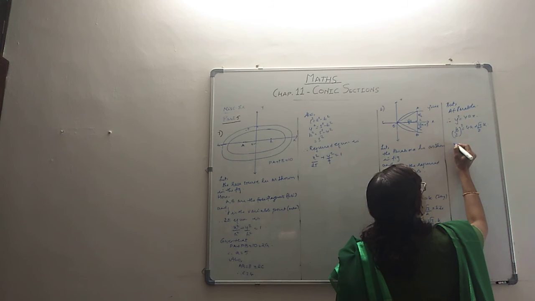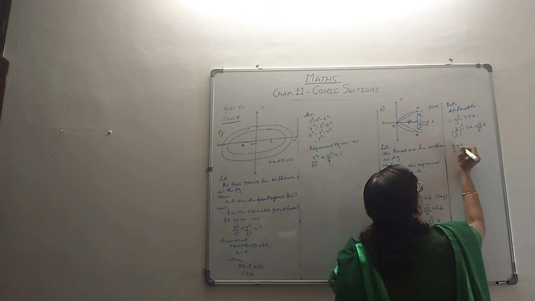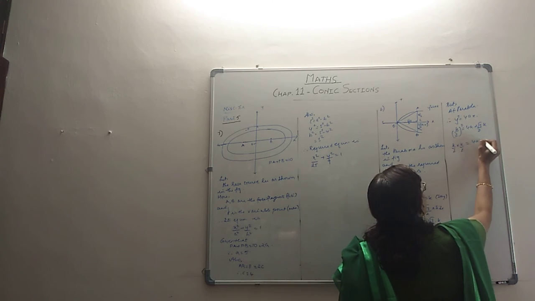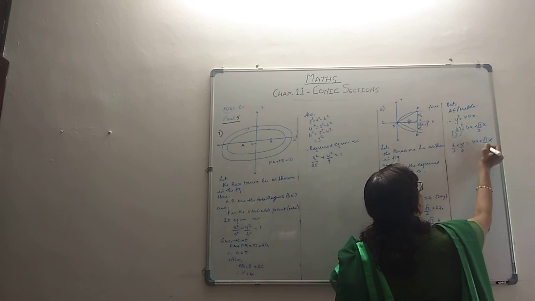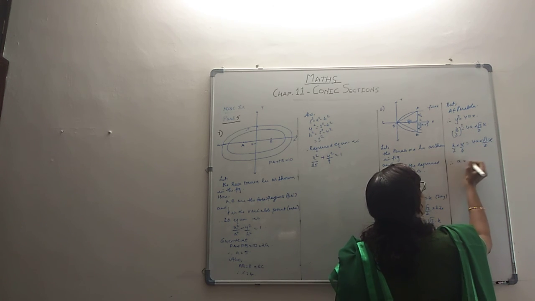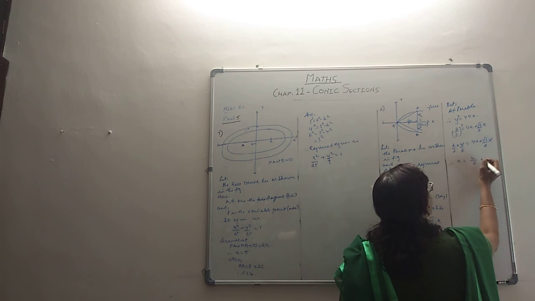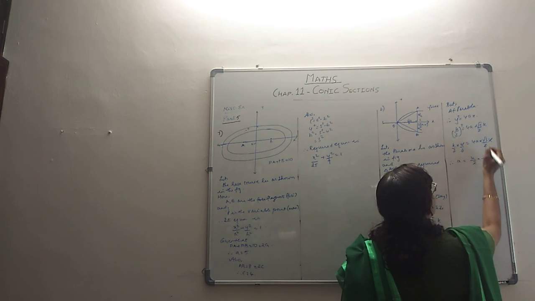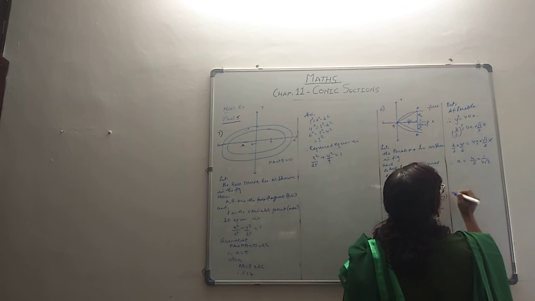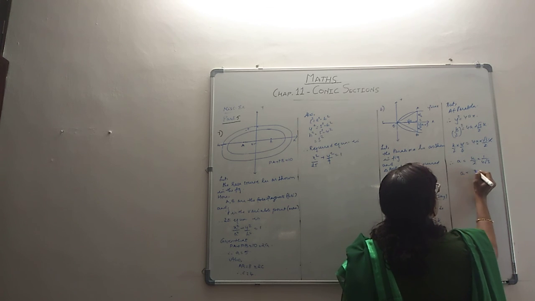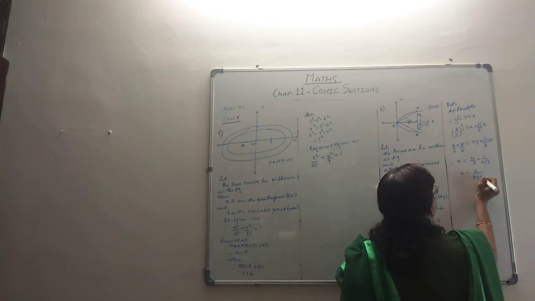So let's solve this. This is k by 2 into k by 2, 4a into root 3 by 2 k. k you can cut, one of the 2s you can cut. How about a? a will be k by 2 and a will stay here, 4 root 3 will come. So we'll get a as k by 8 root 3.